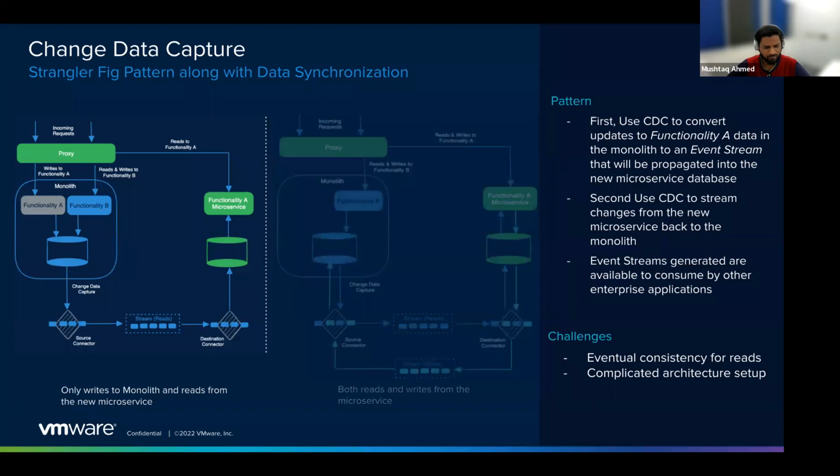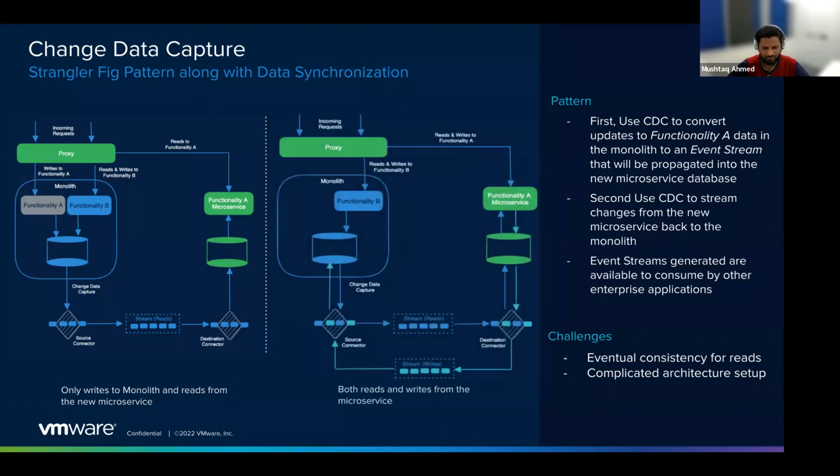That's the first step. Moving on to the second step, we have the reads and the writes happen at the new microservice level. So you could have your changes made to the proxy, which will redirect all the traffic for functionality A to the new microservice. But in some cases, you would want to read some more data from the monolith, and you would also want to push changes for functionality A back to the monolith.